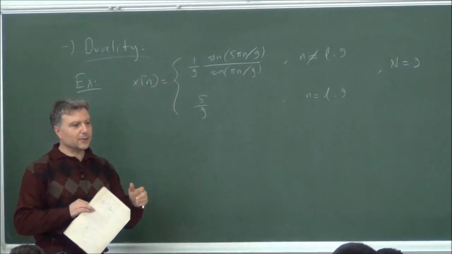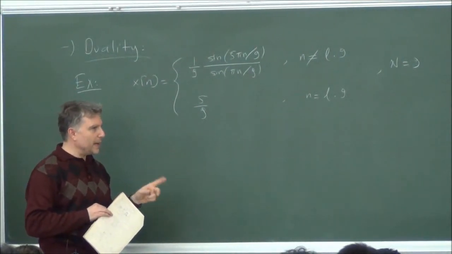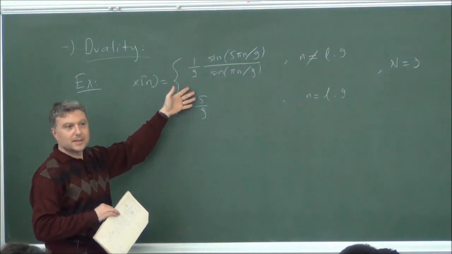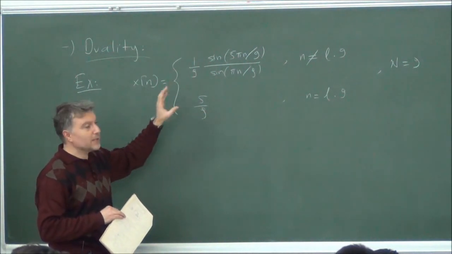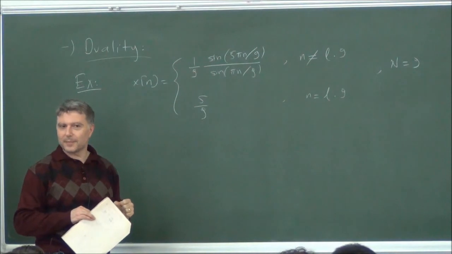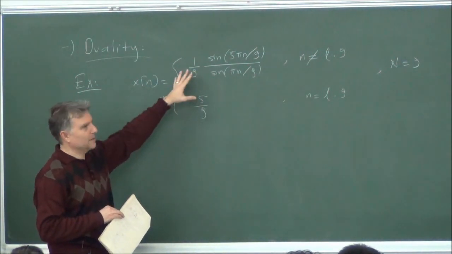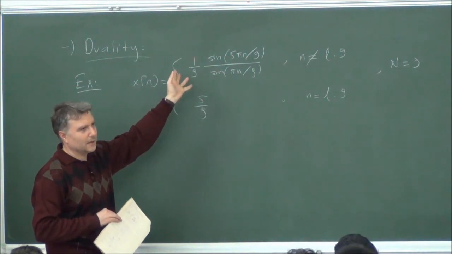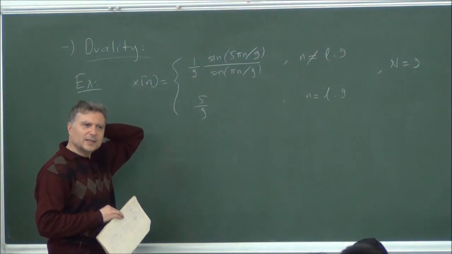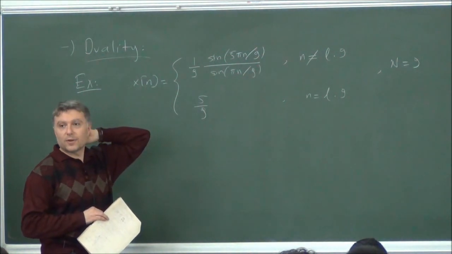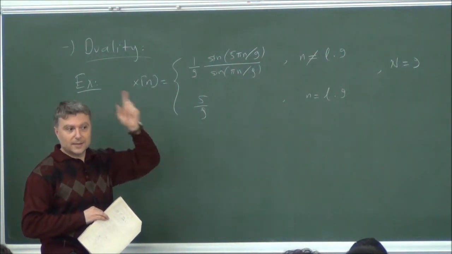If you take a look at the typical Fourier pairs, you will notice this. It's there. These are the Fourier series coefficients of what? This is the discrete time sinc. So it's like the sinc. And what is sinc? The Fourier transform of? Rectangular.